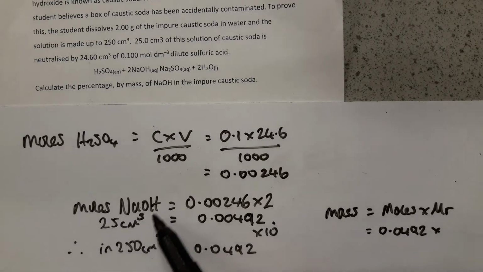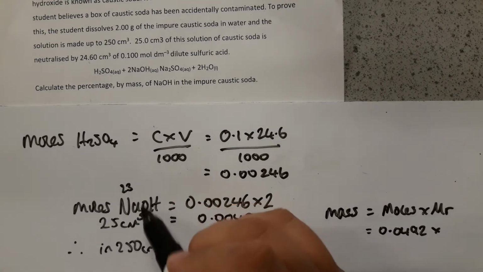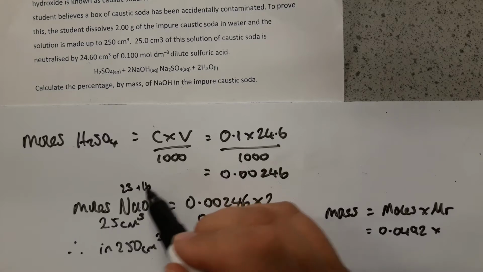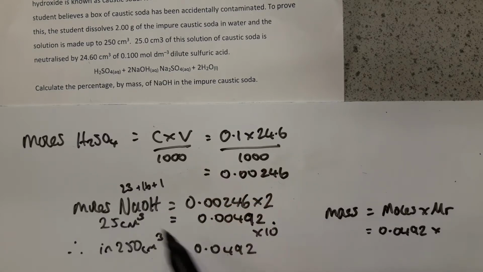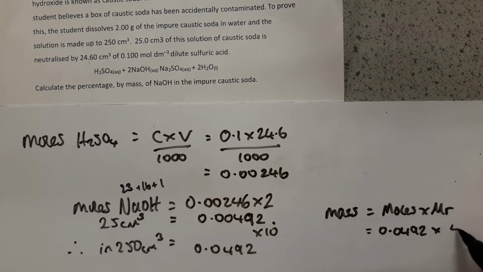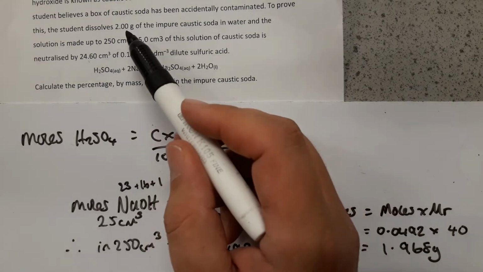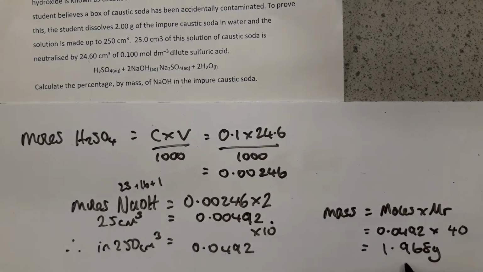The molar mass of sodium hydroxide is 23 plus 16 plus 1, so 23, 39, 40. I multiply this by 40, which gives me 1.968 grams.